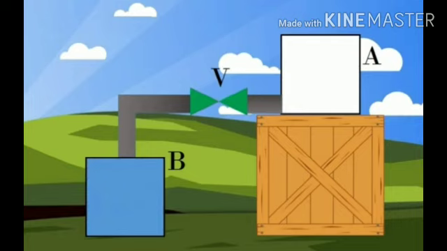Yes, this happens because tank A is at a much higher height than tank B. Here we can say that tank A has larger potential than tank B. From this experiment, we can understand that water flows from higher potential to lower potential.